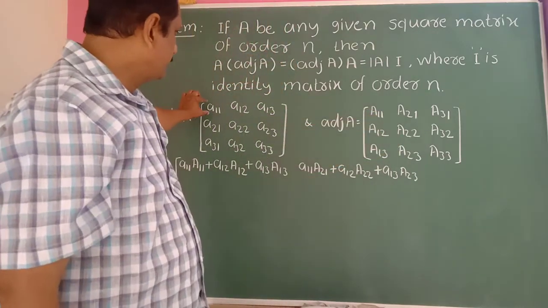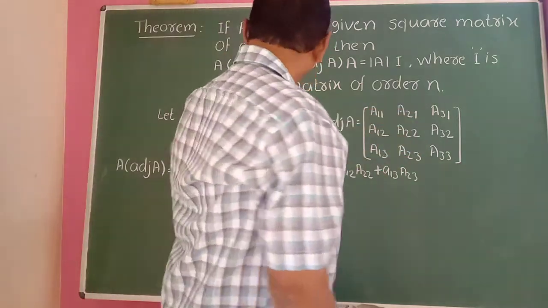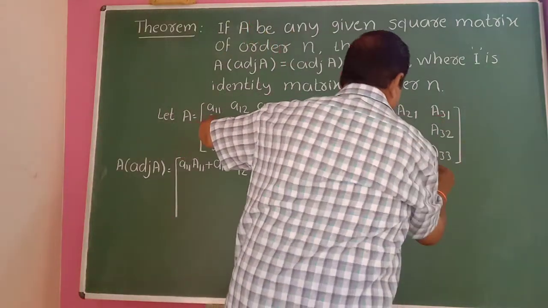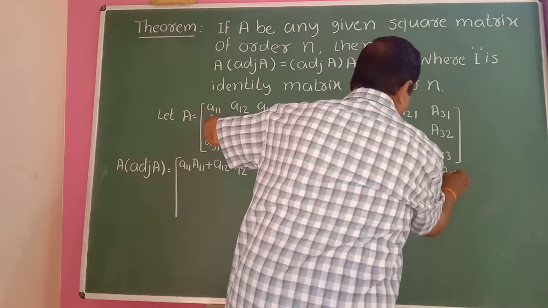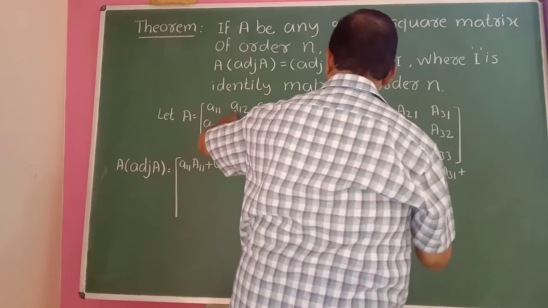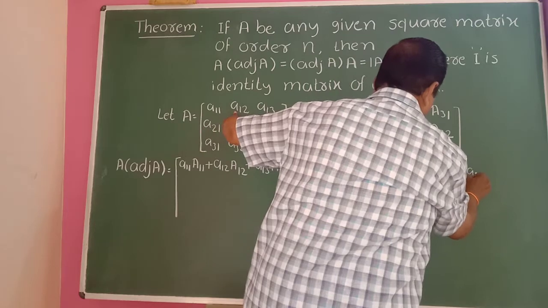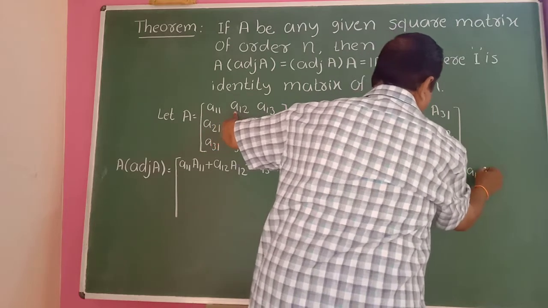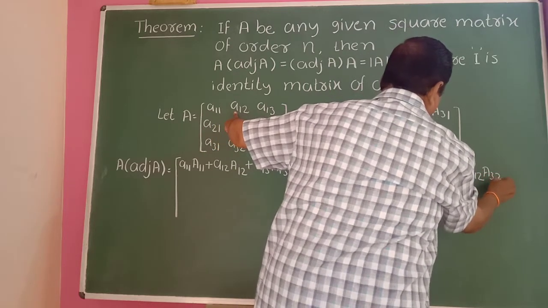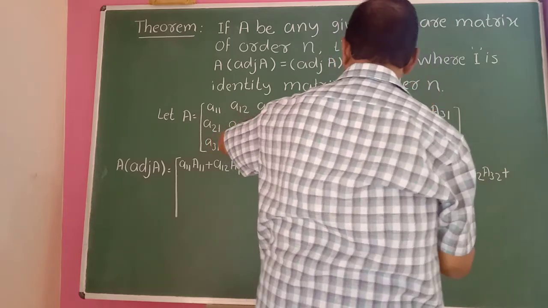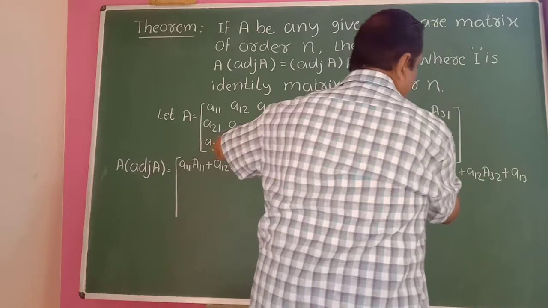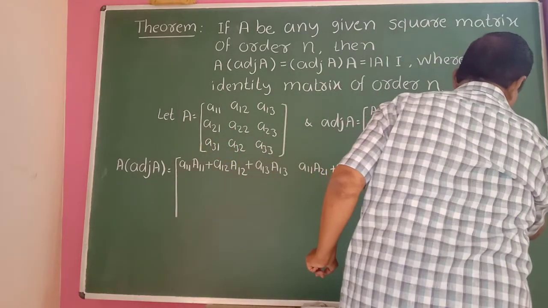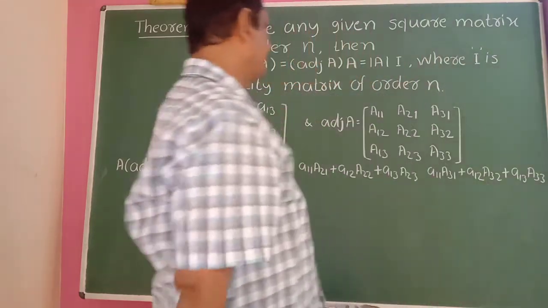Next, multiply this first row with the third column: A11 into A31 plus A12 into A32 plus A13 into capital A33.